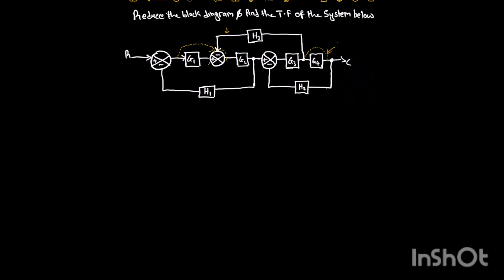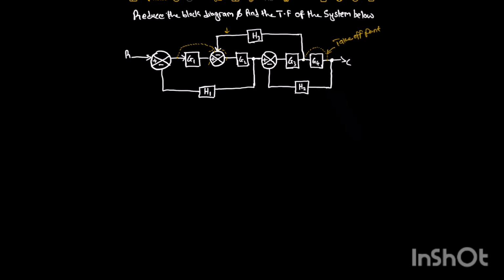So here is going to be the takeoff point. I'm moving this point to come above G4. Whenever you move a point to come above G4, you are also going to add the inverse of the actual gain, which is G4.